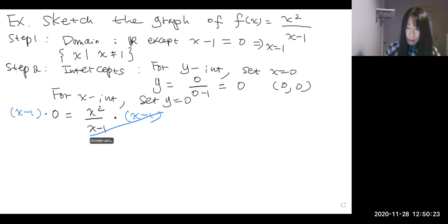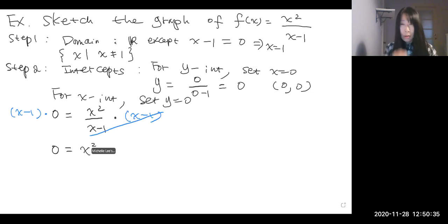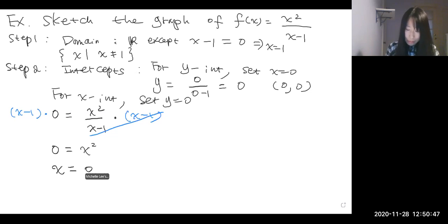This simplifies, cancels out, okay? Then we get 0 on the left side equal to x squared. We take the square root of both sides, x equal to plus minus, in general, the square root of 0, which is 0, okay?